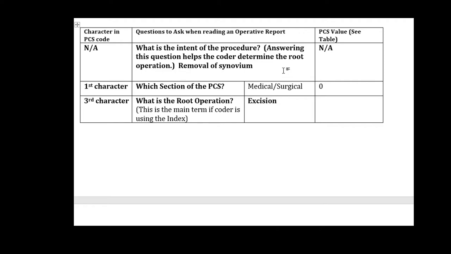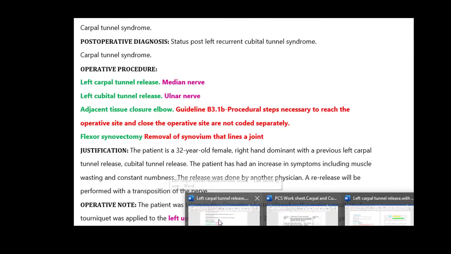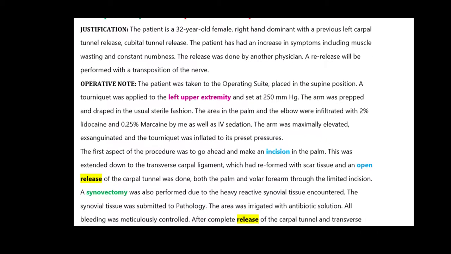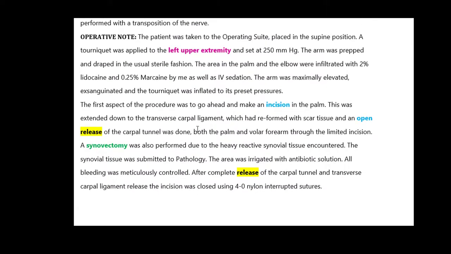So if we read back through our operative report, you find that the joint we're talking about for the synovectomy is the carpal joint where that synovectomy was performed. So now we're looking at a carpal joint. If a carpal joint is our body part, what's our body system? Well, it's going to be upper joints, right?